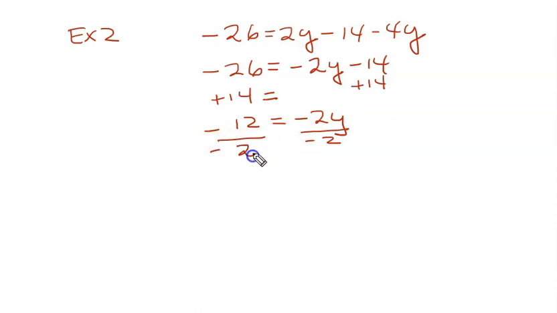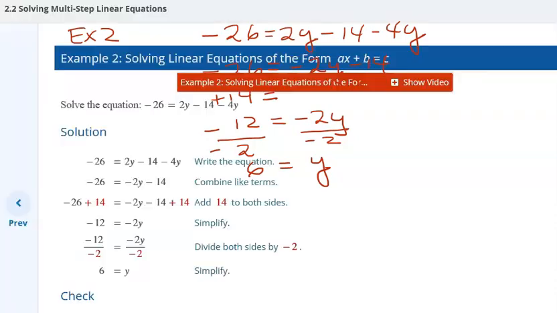You need to be careful of the signs. So this will give us a positive y equals 6. And there's the protocol following the steps we've mentioned. And going back to our board, we see we got this for an answer.